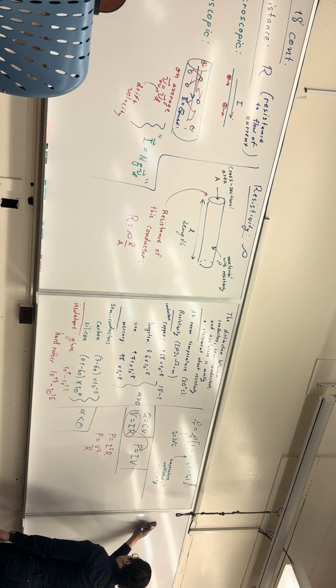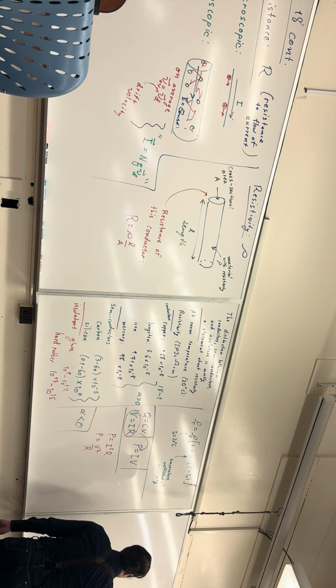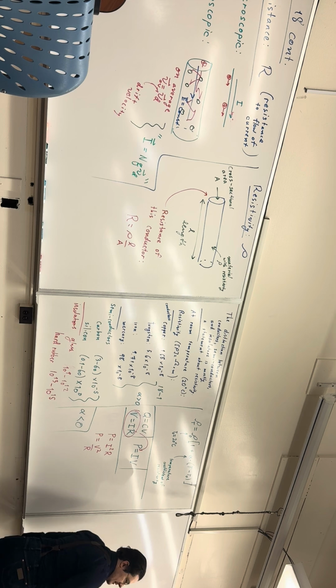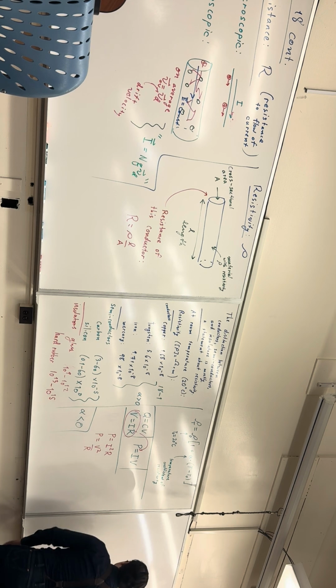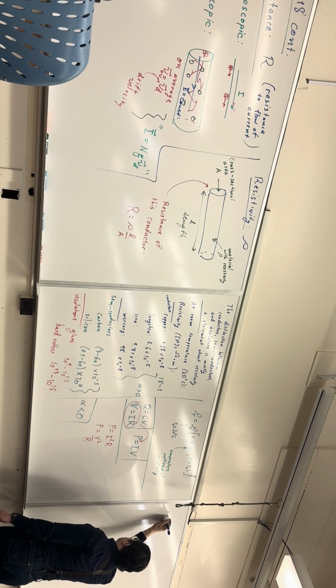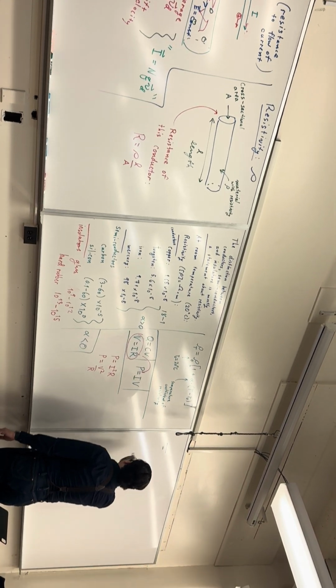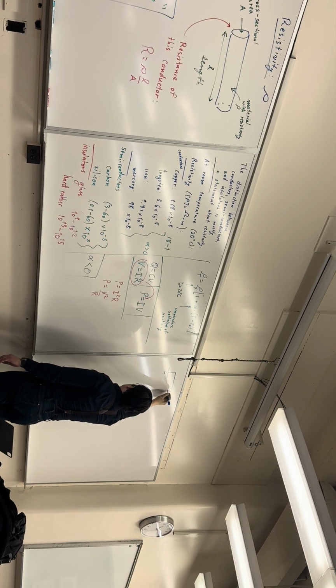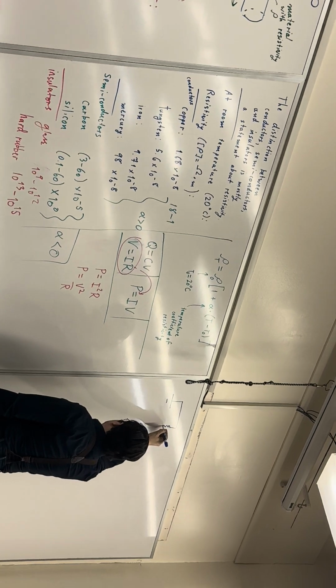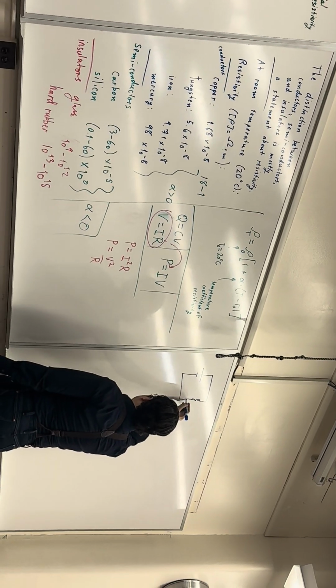So let's say that we're going to do our first circuit diagram. You might want to draw this, because this will be your first time drawing a real circuit diagram. Let's say we have a battery, and we have a wire, and then it connects to a resistor, like that.